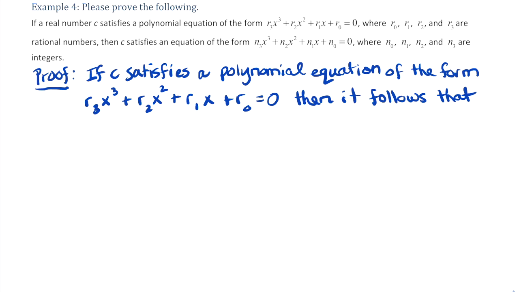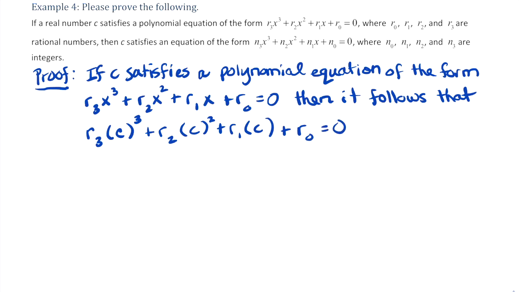So you would have r3 times c cubed plus r2 times c squared plus r1 times c plus r0 equal to 0. And that would just be by substitution.